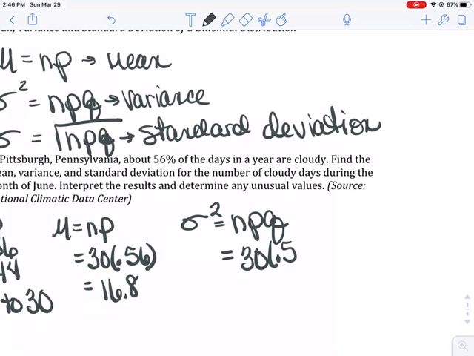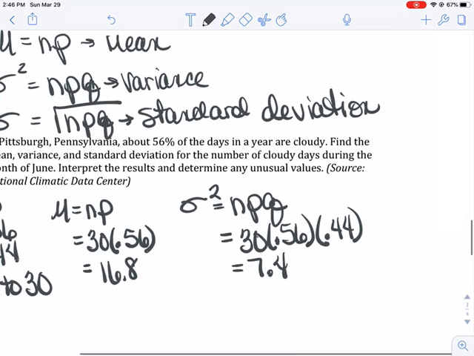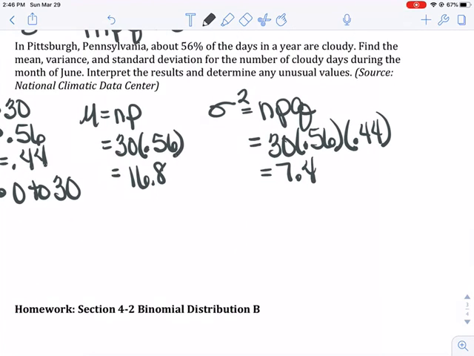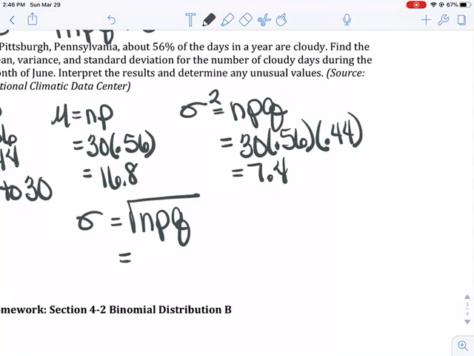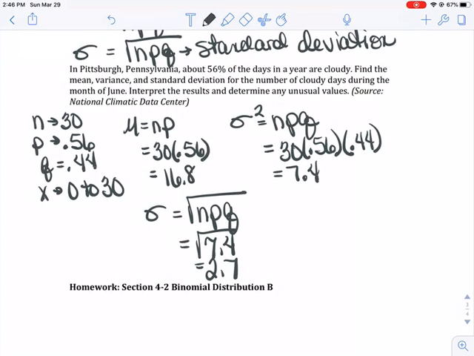So 30 times 0.56 times 0.44 is 7.4. And then our standard deviation, sigma, is the square root of that. So that's the square root of 7.4. So we're going to get 2.7.